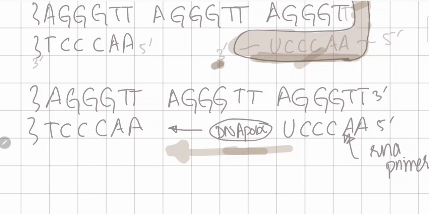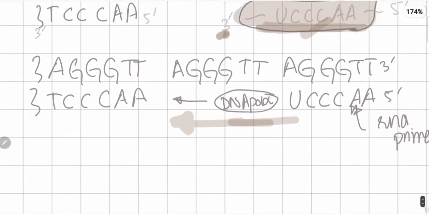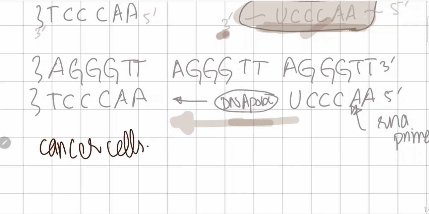These types of enzymes you find in cancer cells. Many different cancer cells have the telomerase enzyme that can increase the telomeres, and essentially the cells won't age.